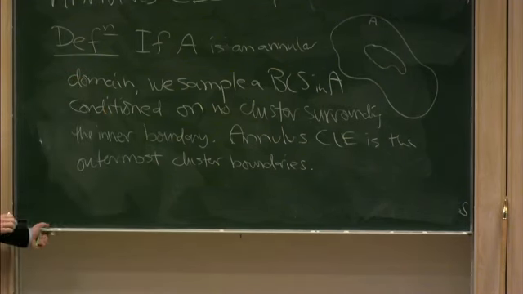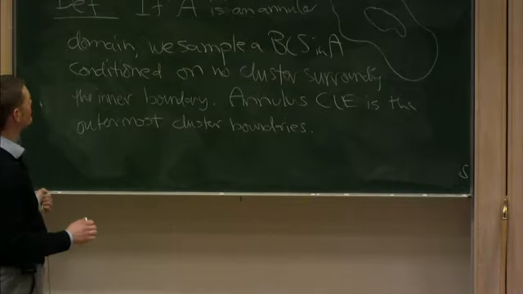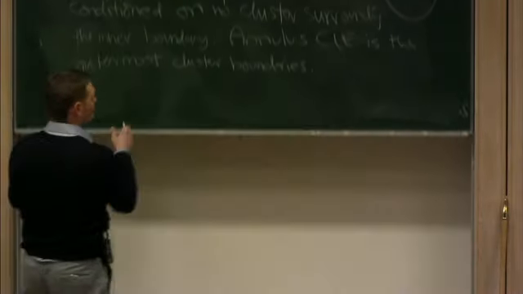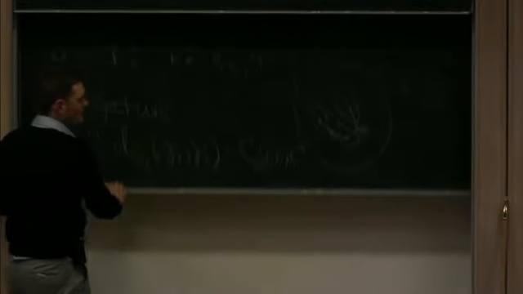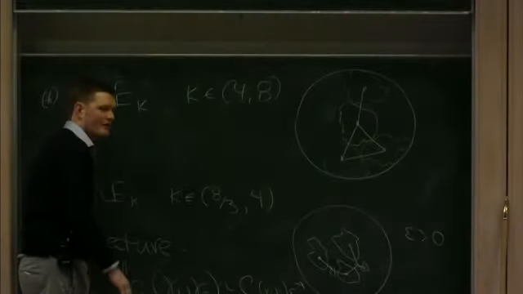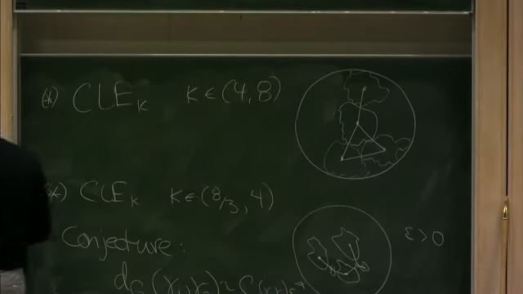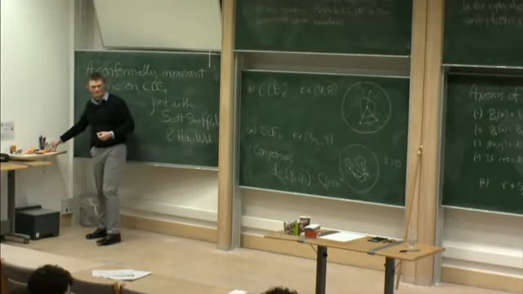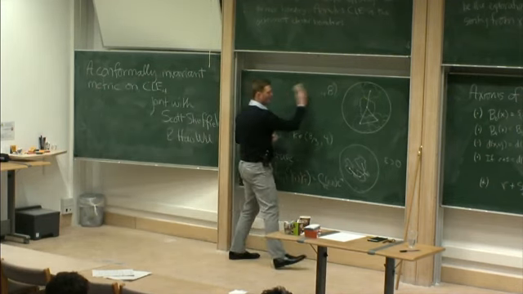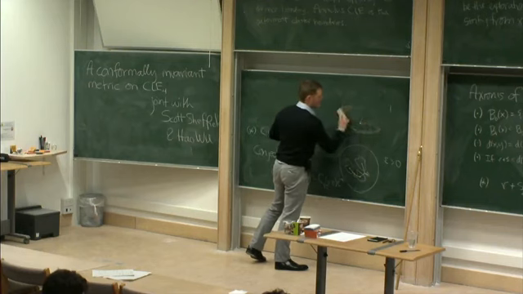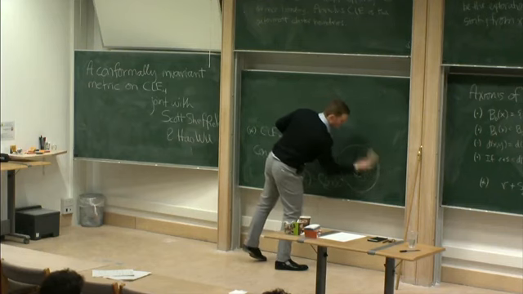And the first observation I want to make about annulus CLE is that if you take some compact hull connected to the outer boundary, and I'll use compact hull in this context to mean a compact set with the property that its complement in the annulus is doubly connected.